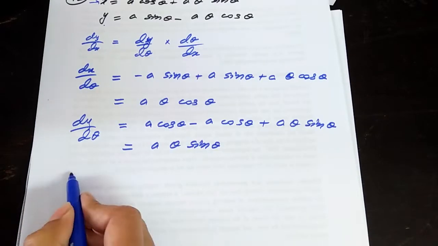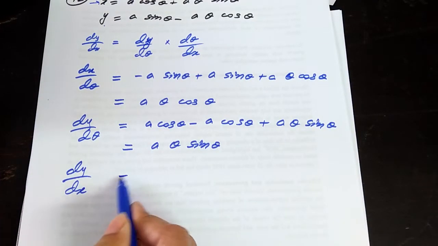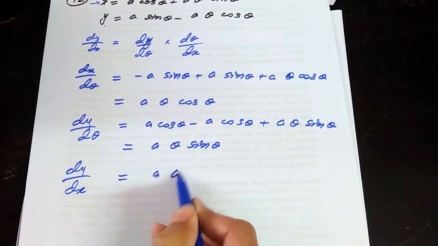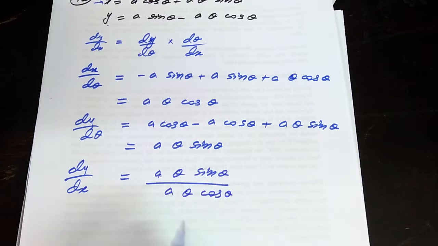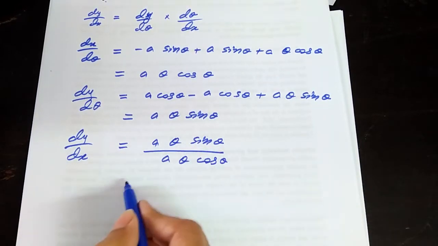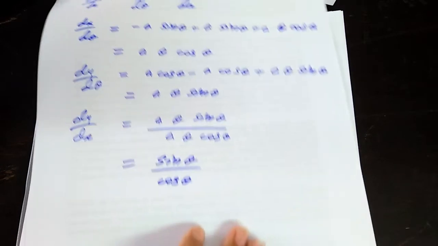So dy by dx is equal to a theta sine theta divided by a theta cos theta, that is equal to sine theta over cos theta.